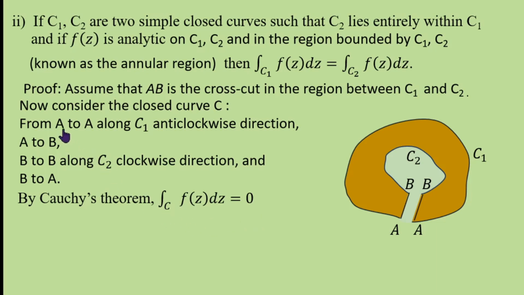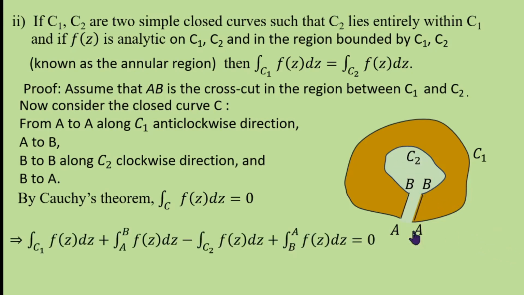Now C is split into 4 parts. One is A to A along C1, and from A to B, and then from B to B along C2 in clockwise direction, that is minus of C2, and then from B to A. Therefore the left hand side is the integral of f of z dz along C1, and from A to B f of z dz, and along C2 in clockwise direction, therefore minus the integral of f of z dz along C2, and from B to A f of z dz.